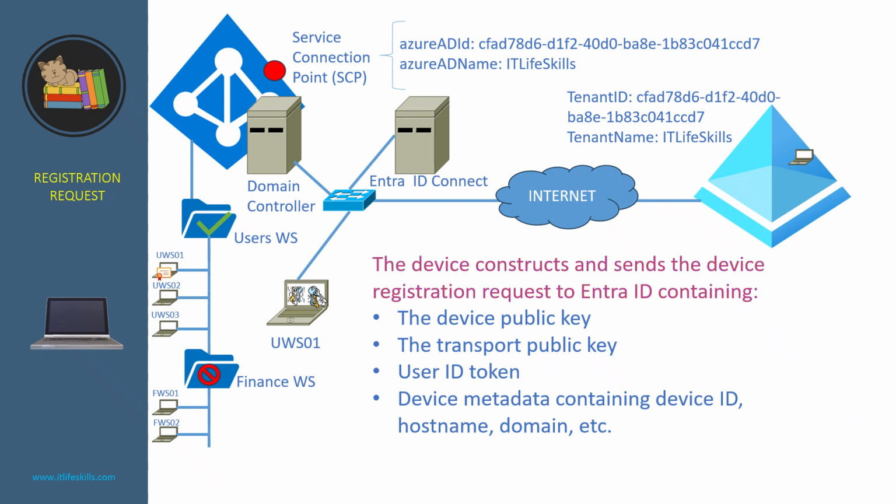Now, the device constructs and sends the device registration request to Entra ID containing the device public key, the transport public key, the user ID token, and device metadata containing device ID, hostname, domain, and so on.